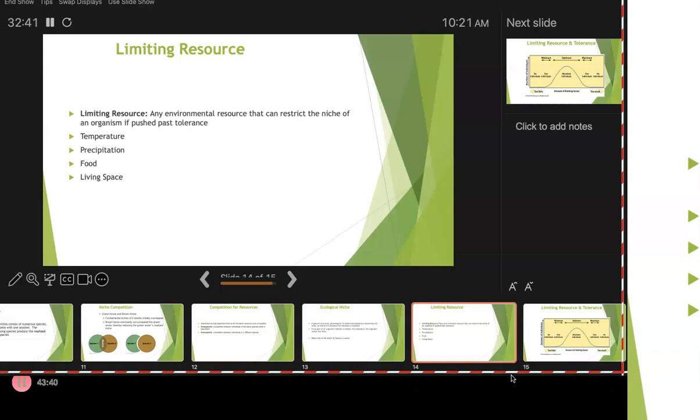And by that living space, we mean, if you live in a tree, or you live under a rock, or have to live in water, and so on and so forth. That's what we mean by living space. There's only so many trees in the forest. How many squirrels can you put in each tree, and so on and so forth. But those first three, those are super easy to picture, process.